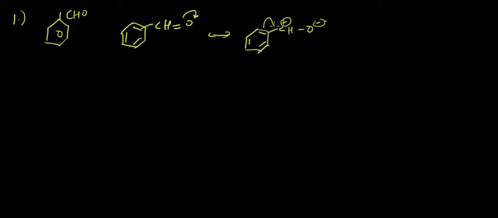So now what will happen is, this pi bond will jump over, because of the conjugation of pi bond and a positive charge, to form a positive charge carbocation on this carbon and CHO negative here. What next would happen?